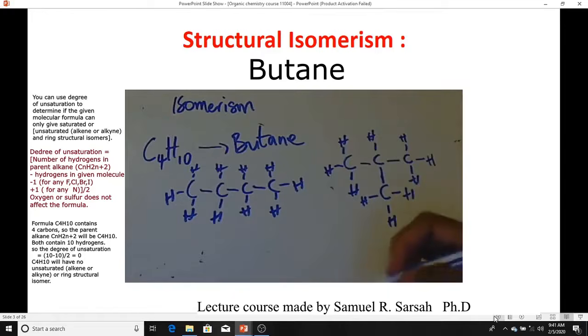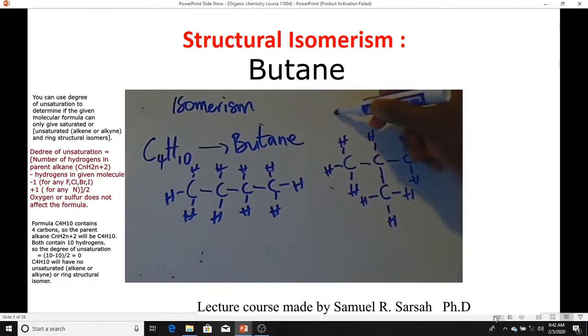Okay. So the name of this compound right here: 1, 2, 3, so it will be like propane. Then carbon number 2 is having a methyl group, so 2-methylpropane.